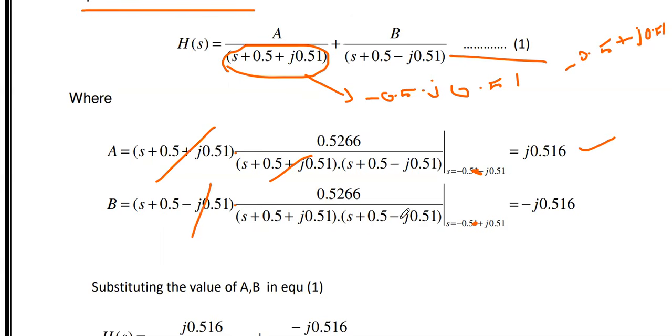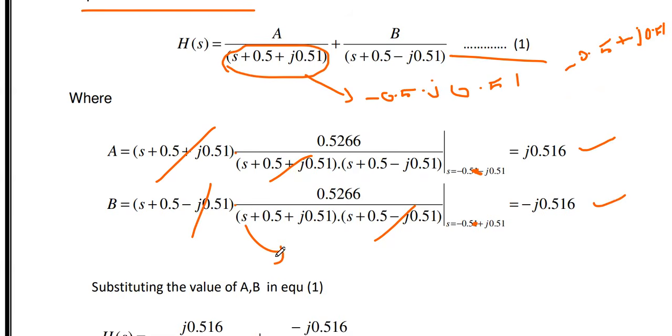Here this term cancels, and substituting this value and calculating, we get the answer minus j0.516. Since the two poles are complex conjugates, the coefficient B is automatically the complex conjugate of A. A is j0.516, and B is minus j0.516.